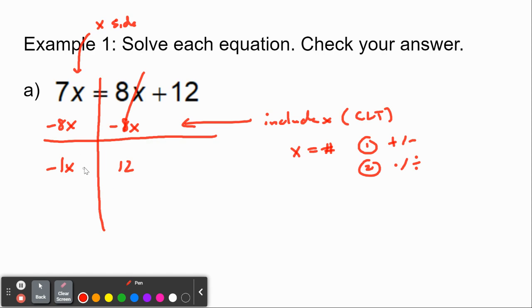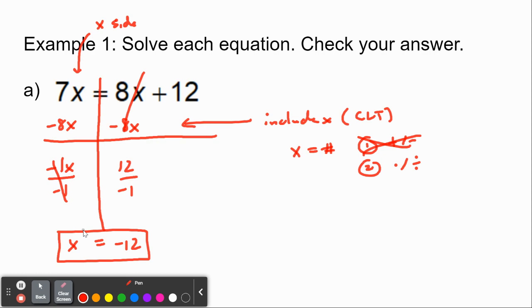This -1x has nothing added or subtracted to it, so we go straight to division. It's multiplying with the x, so divide both sides by -1. They cancel on the left, x comes down, and 12 divided by -1 is -12.